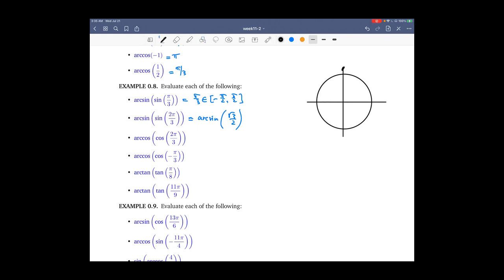Two pi over 3 is in the second quadrant, and so its sine is the same as that of pi over 3.